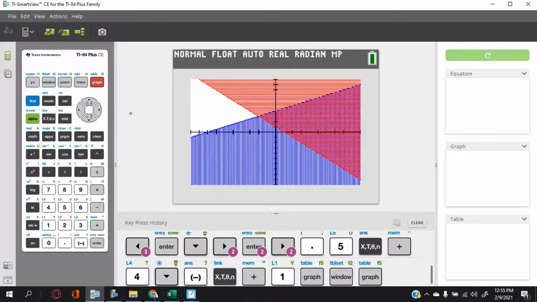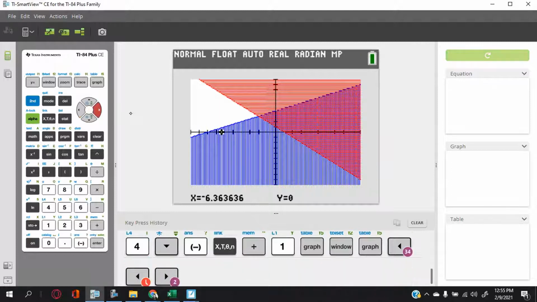All right, I can just trace. It says negative 5, 3, so we'll go to negative 5, 3. I'm at negative 5 right now. Yep, that's perfect. Negative 5, 3. Yep, nothing going on there, so that's not the answer.